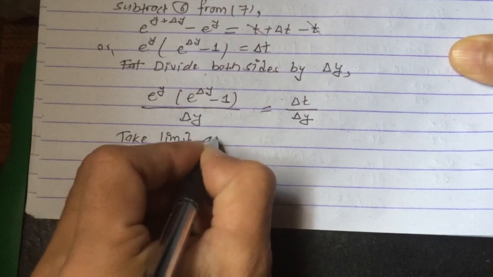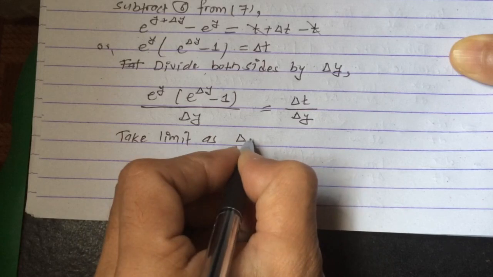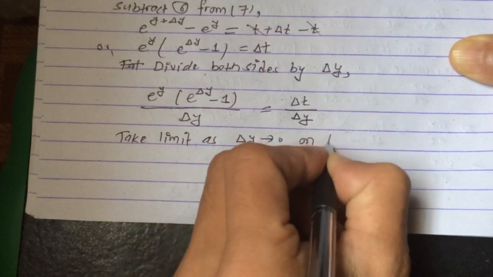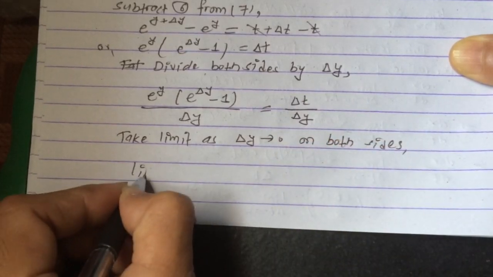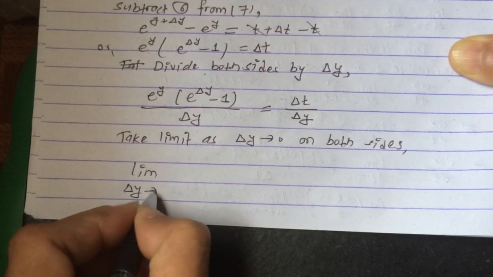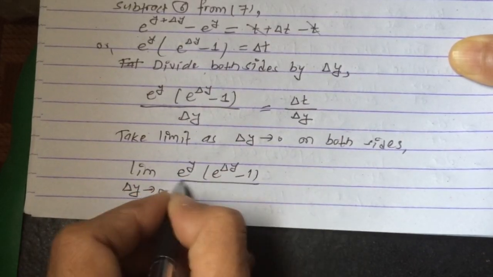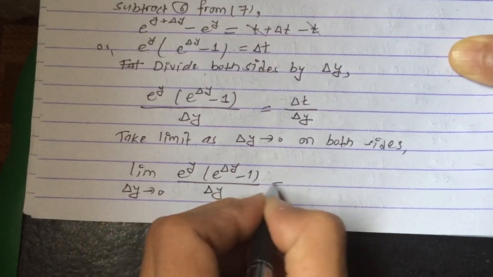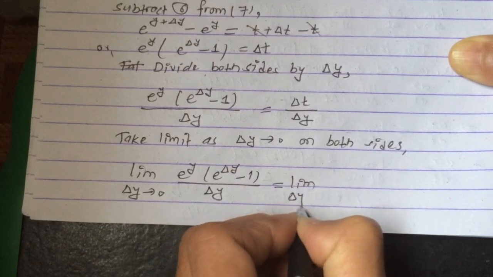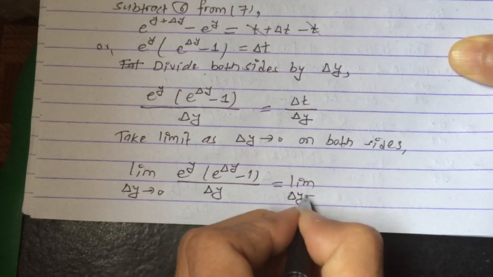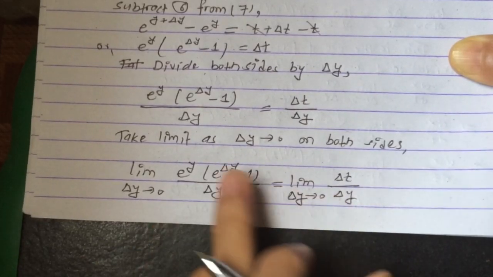Now here also you have to take limit as del y tends to 0 on both sides. Then we get limit del y tends to 0 exponential y times exponential del y minus 1 whole divided by del y is equal to limit del y tends to 0 del t divided by del y.